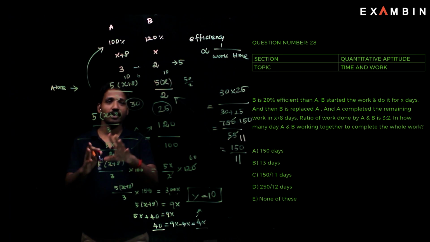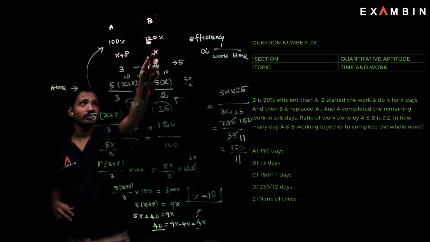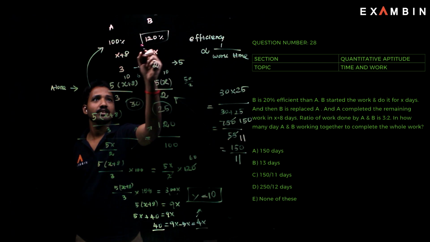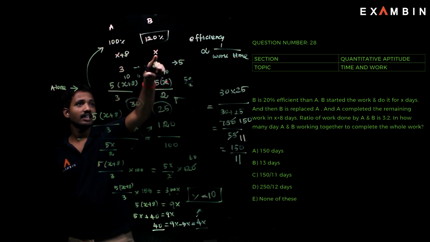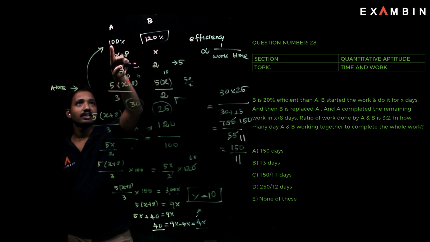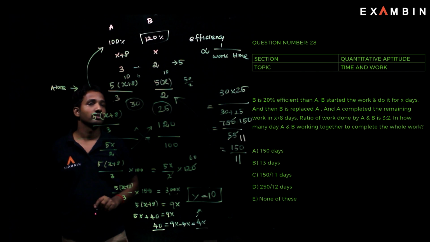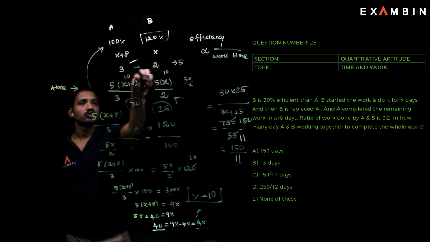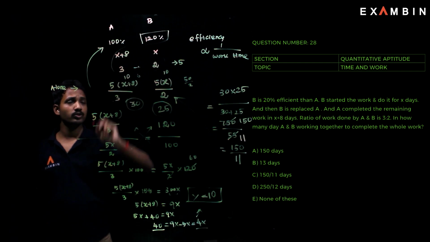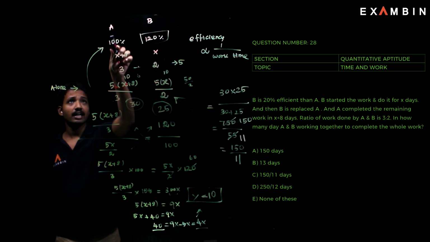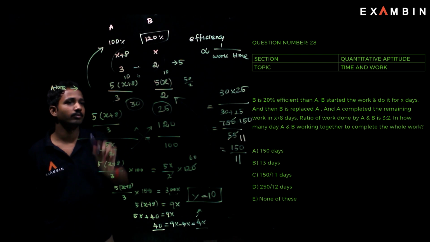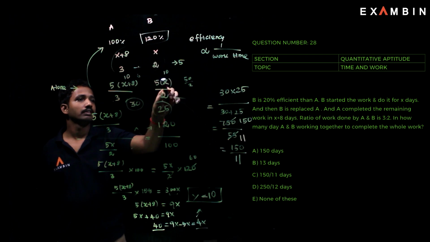So I'm giving a recap of this question. B is 20% more efficient than A, so this is 120%, first point. Second point, B is taking X time to complete the work and A is taking X plus 8. The ratio of work done by A and B is 3:2. With these two values we calculate that A alone will take 5 into x plus 8 divided by 3, and B alone 5x divided by 2.